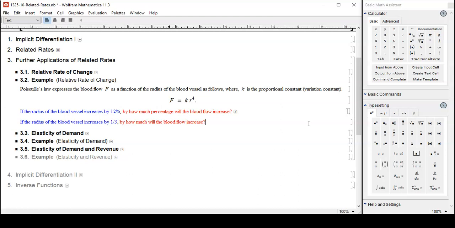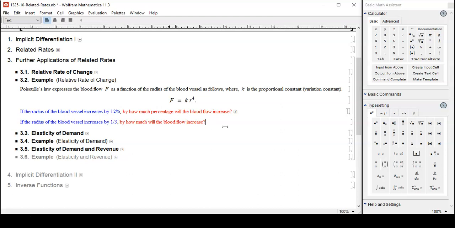Can you still see this is talking about the relative rate of change? It's trickier. We don't have this 12% coming out explicitly, suggesting the percentage rate of change. Can you still see this is a relative rate of change? It's tricky. So let's analyze this a little bit further.